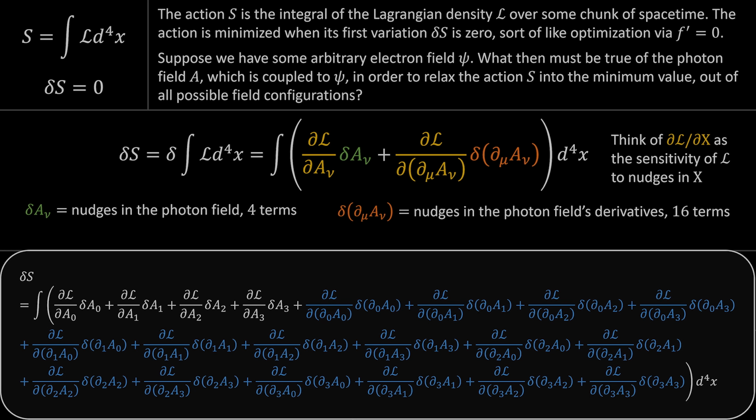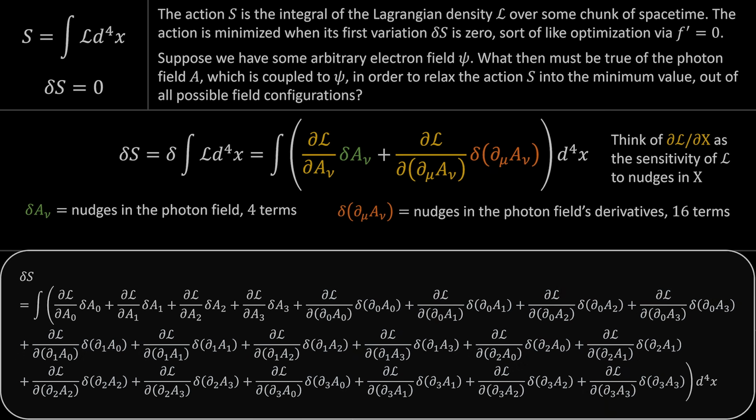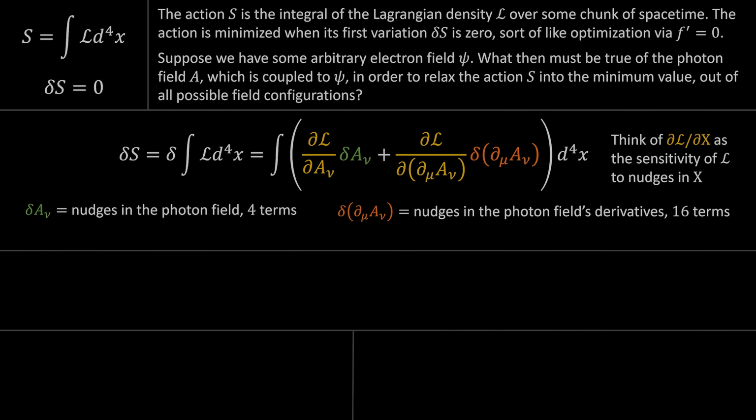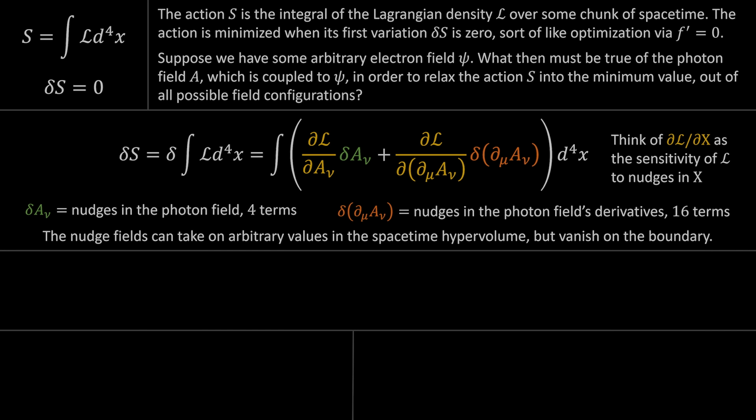And that corresponds to the derivatives of each component of A along each dimension of spacetime. So in the integrand, we actually have 20 terms, but thanks to the convenient notation that we're using, we only have to write 2 terms that correspond to the general category of terms in this equation, and so we can carry them all through systematically without having to always write down each and every one.